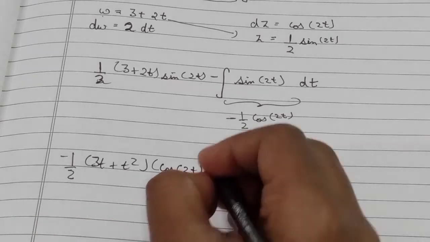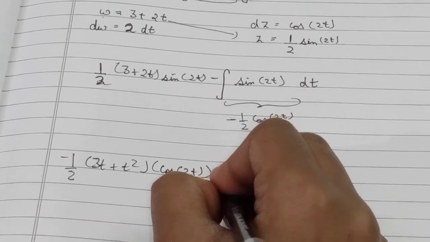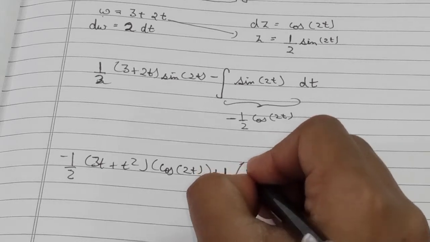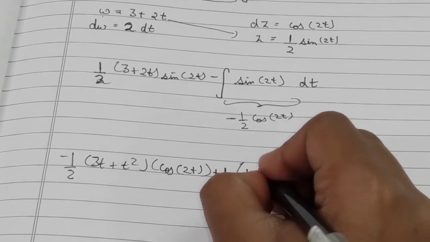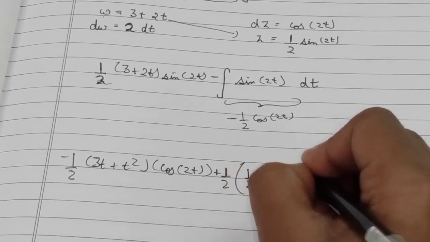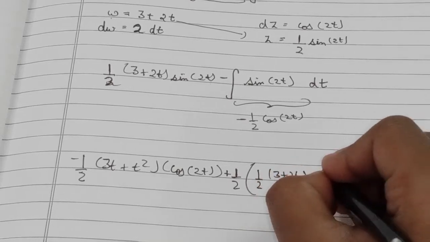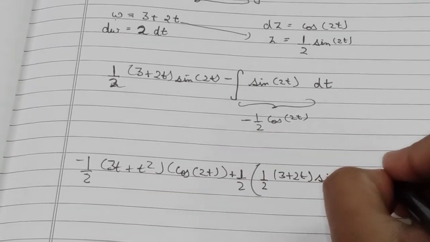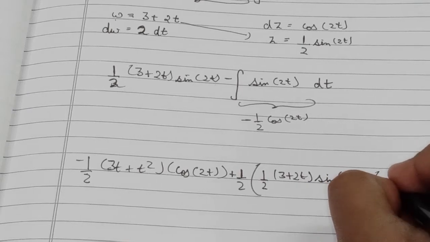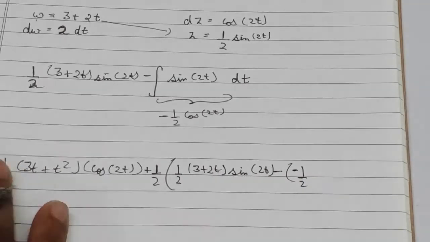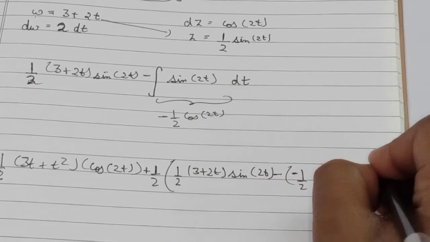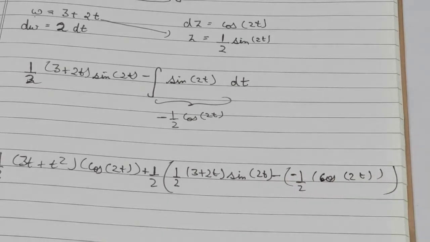Then we have plus 1/2 into the other part, 1/2 (3 + 2t) into sine of 2t. Then we have negative into negative 1/2 into cosine of 2t. Okay, so this is the whole answer.